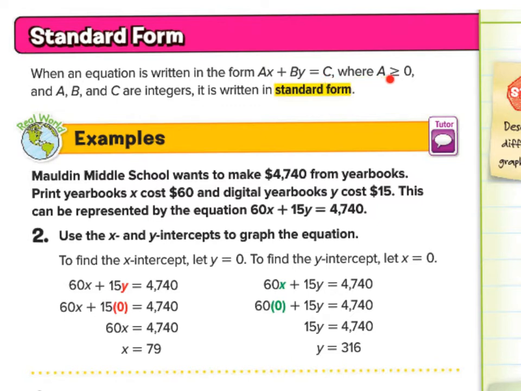Where a is greater than or equal to 0, and a, b, and c are integers, positive or negative numbers, it is written in standard form. We can change standard form to slope-intercept form in order to help us identify what our slope is and our y-intercept.